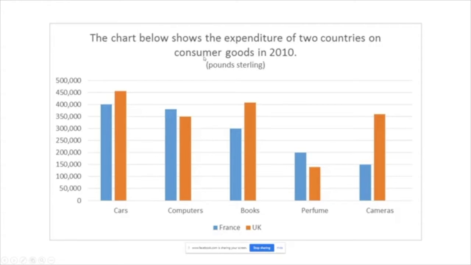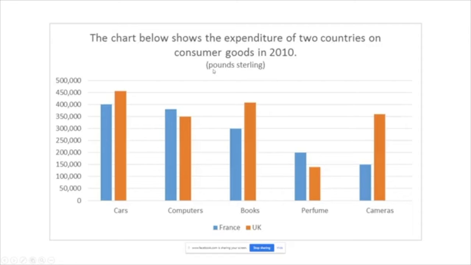Could be electronics, TVs, could be clothes, could be things that we just buy online, and it's in 2010, so it's in the past. That's important that we know that it's in the past, because that means that our grammar, our verbs that we use will all be in the past tense.